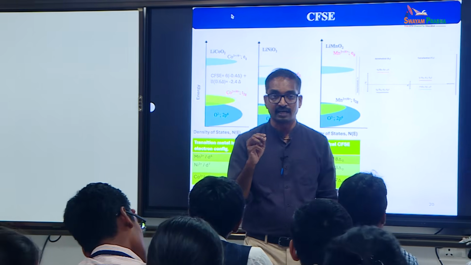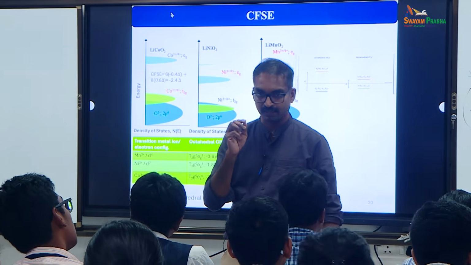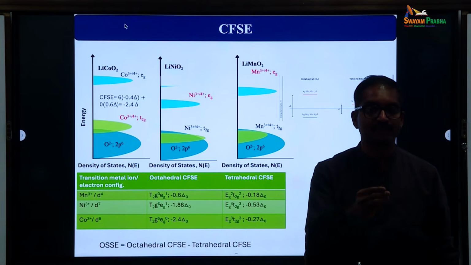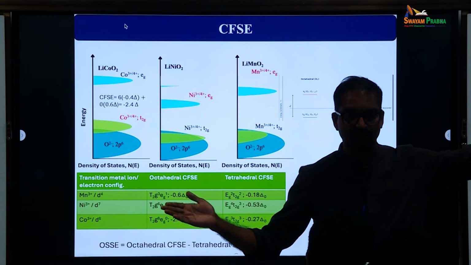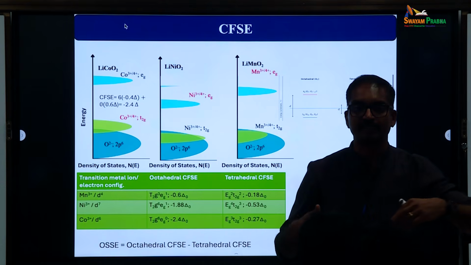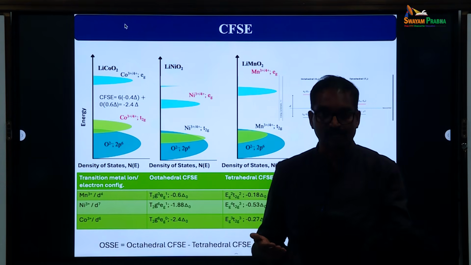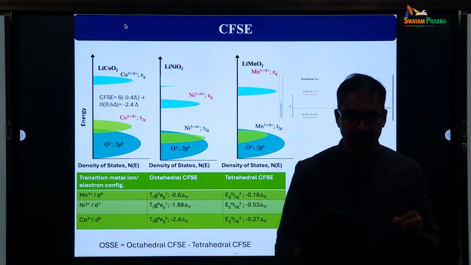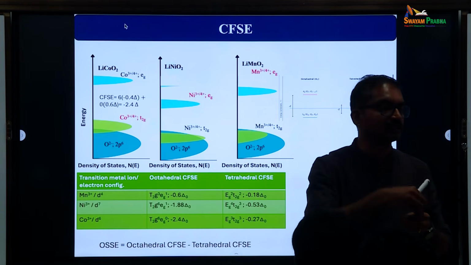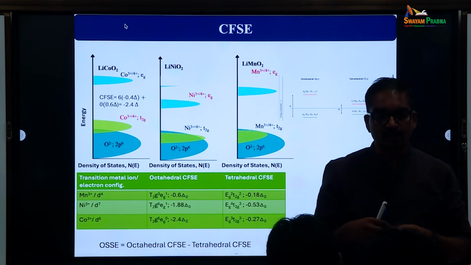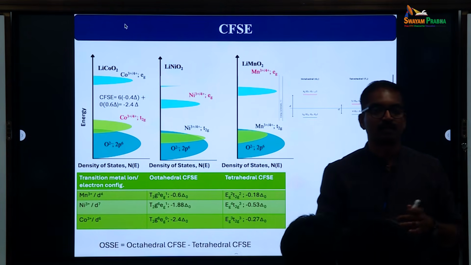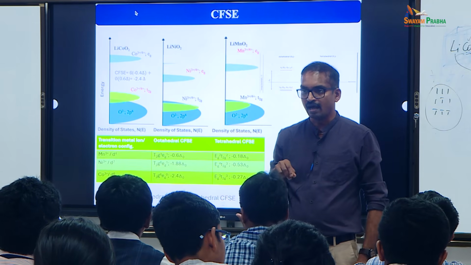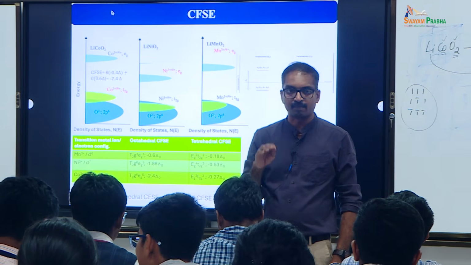As a result, the oxide ion will come closer to the cobalt 3 plus, and it is sufficiently close that it itself is enough to split the T2g and Eg very wide. So you can say now oxide is like a strong field ligand, given the circumstances that cobalt 3 plus is a very small ion. As a result, oxide was able to come closer. Because the splitting is so high, the pairing energy is small compared to the splitting energy. As a result, electrons try to pair up now.